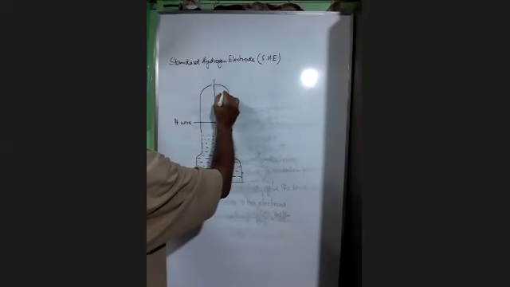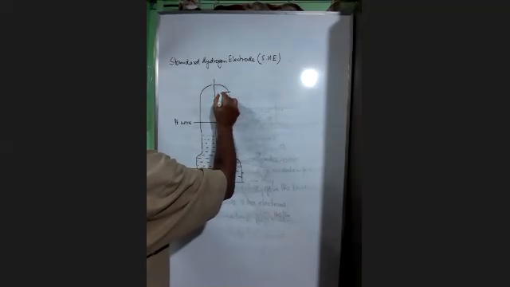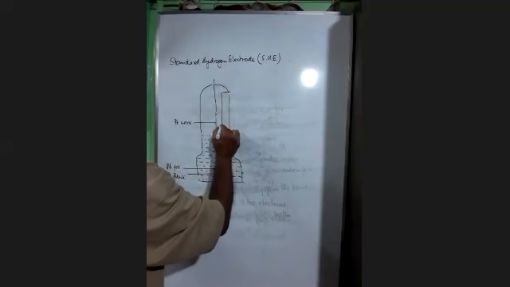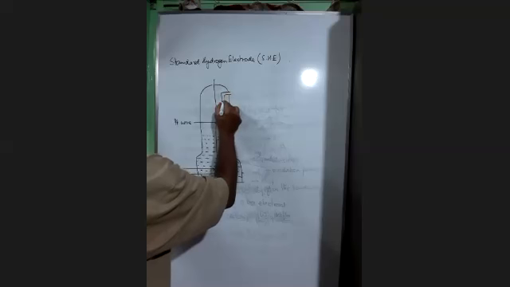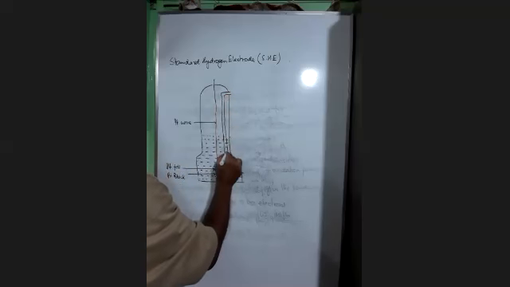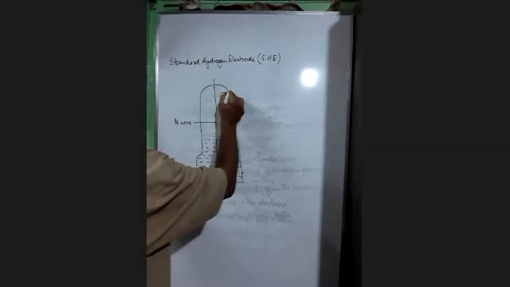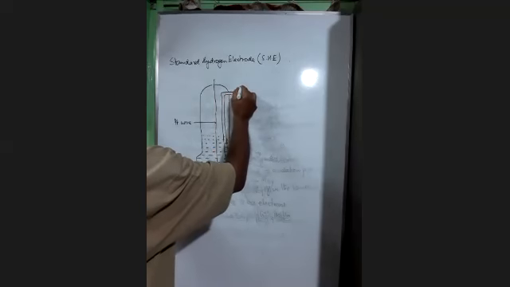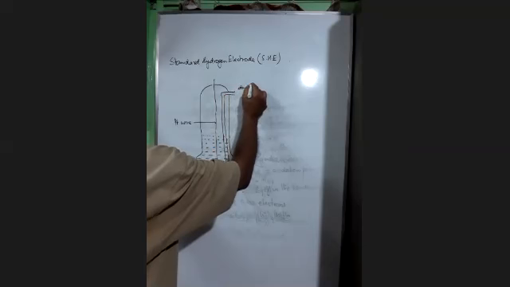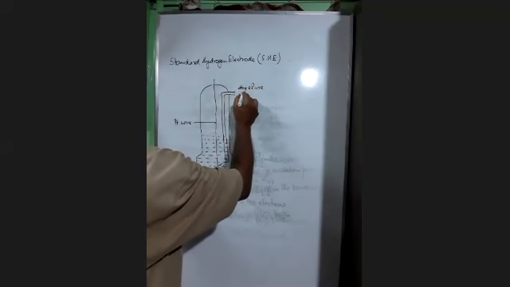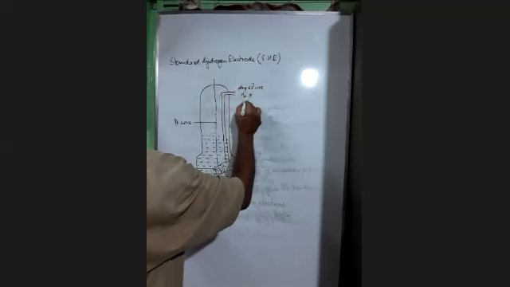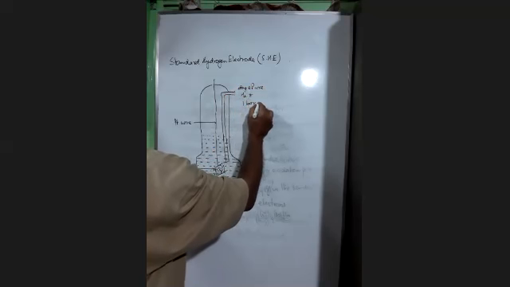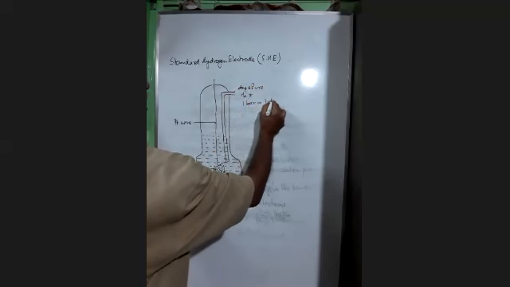Now, this also contains a glass tube through which dry and pure hydrogen gas is bubbled at 1 bar or 1 atmosphere.